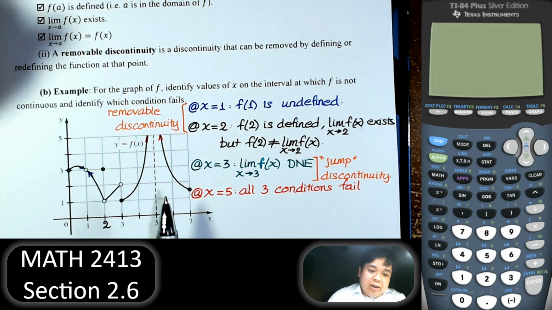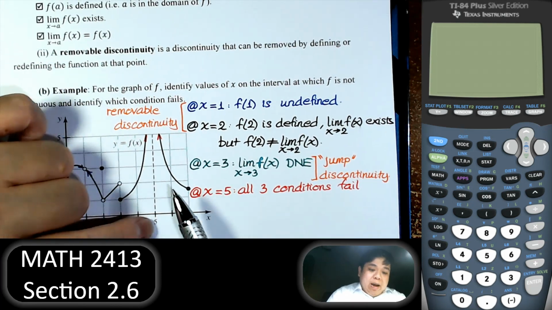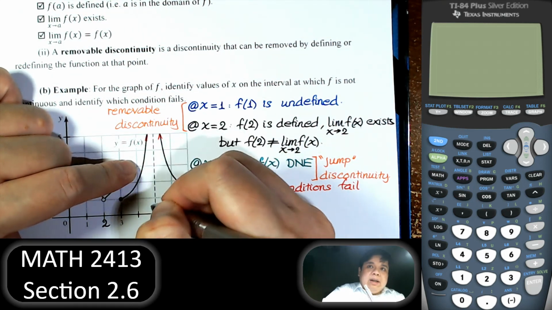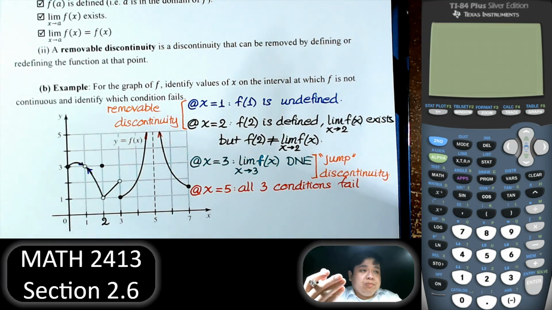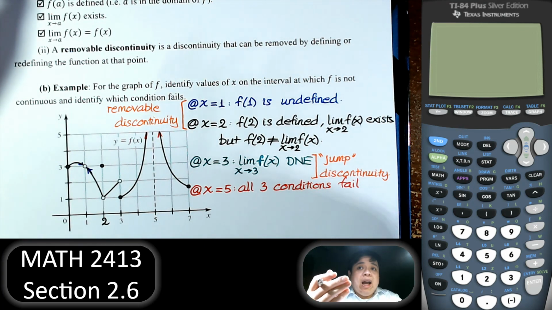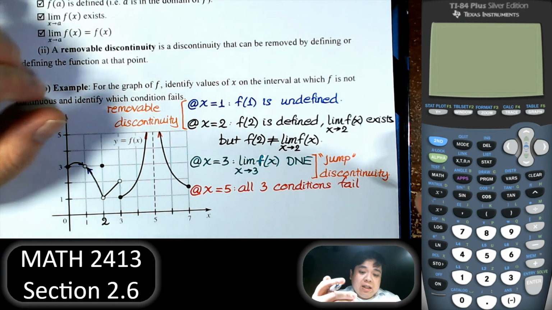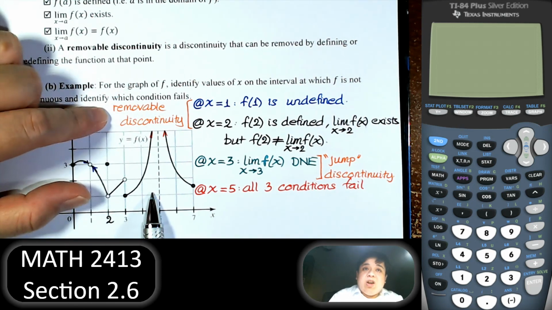And the last one, all three conditions fail. Doesn't matter if you define the point, you can add any point here, it doesn't make the function continuous. Once again, if the limit does not exist at the point, doesn't matter what you define the function at the point, the limit still does not exist. So in that case, there's nothing that can be done to make it continuous. So it's not removable.